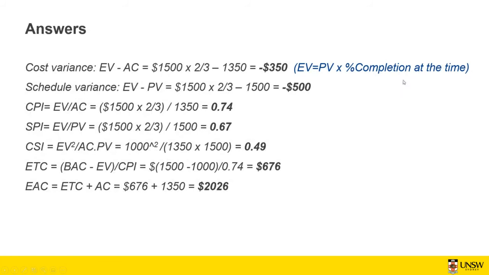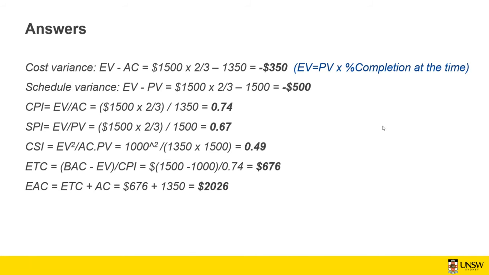Okay, so that's the way that you do the cost variance, so earned value minus the actual cost. Here, the actual cost, we got 1,350, and the earned value is 2/3 of the plan value, which is 1,500. And the schedule variance is going to be earned value minus the plan value, which is going to be minus 500.